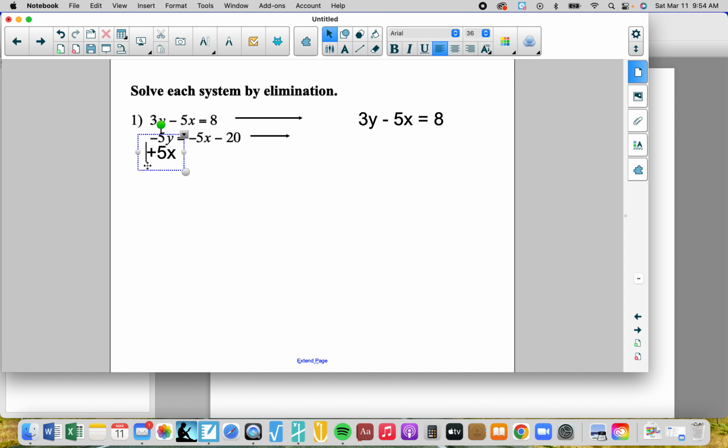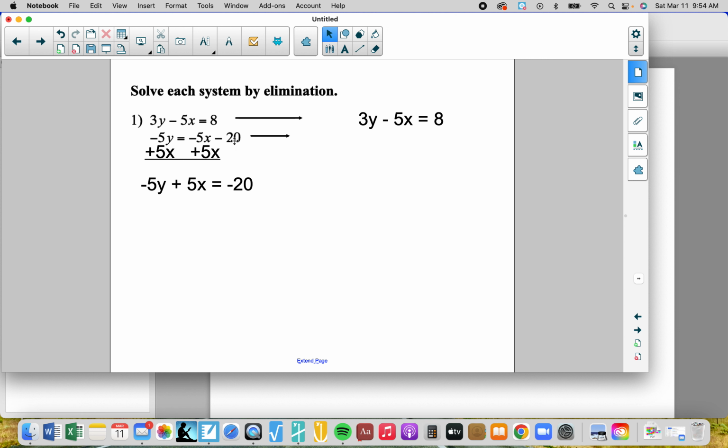So I'm going to move it over. The way I move it over is I get rid of it on the right side, it cancels, and it moves over here. So when I rewrite this equation, I'm going to write the y first, then the x, then the constant. And notice that constant is negative 20.